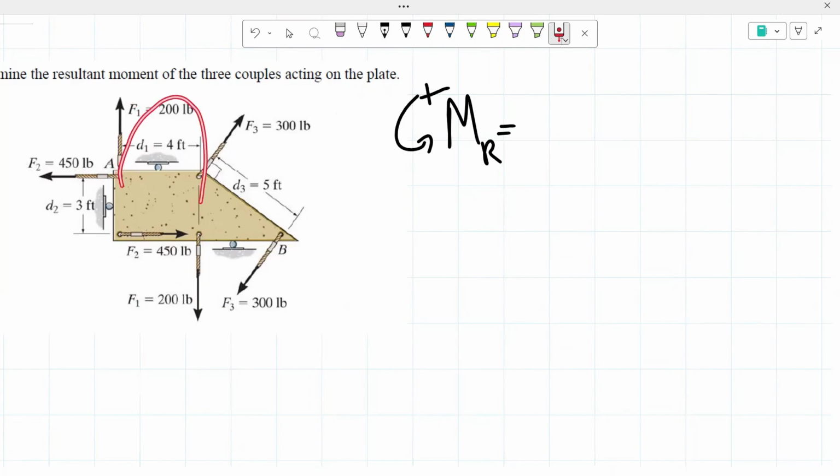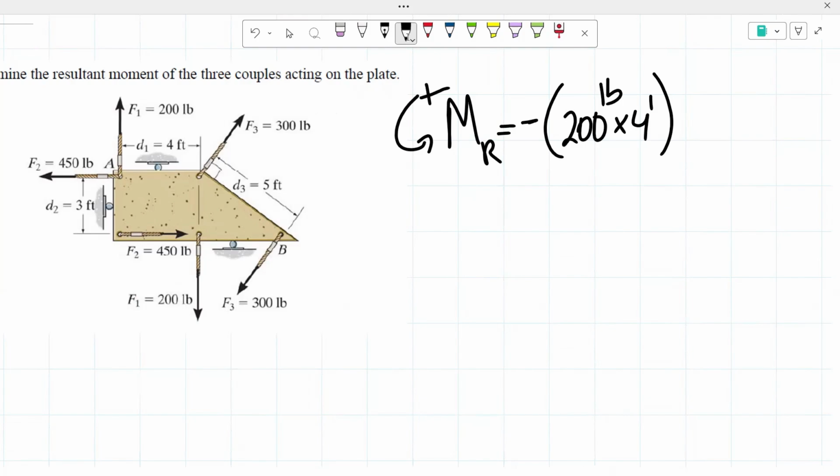These forces, or that couple, are going to be creating a clockwise moment, meaning that that couple is making a negative moment. So we're going to have a negative moment of 200 pounds times the distance, and our distance is equal to 4 feet.